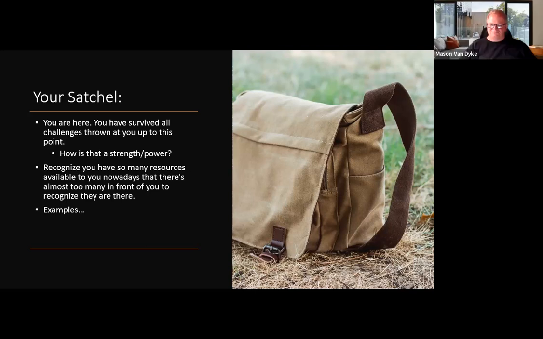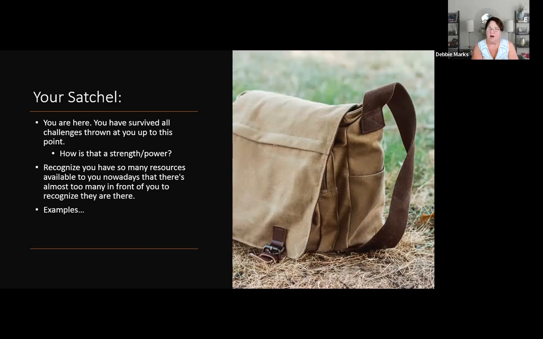And she showed me what she carries in it. What was interesting was it's all the things that are important to her from back then going forward. She has her journal in there, so when something happens, she can write it right down.